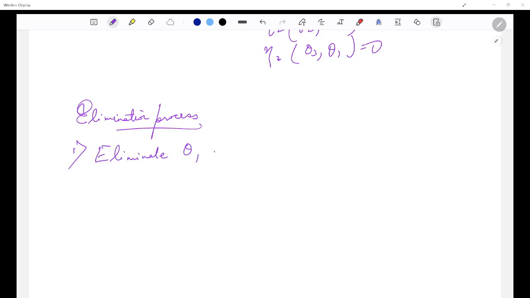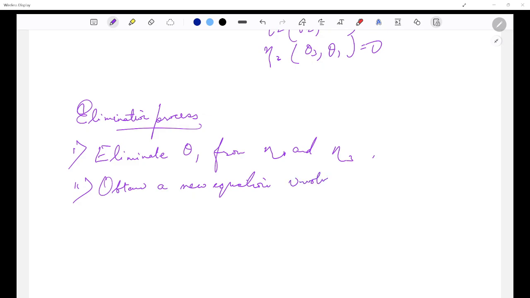Eliminate theta 1 from these two equations and then obtain a new equation involving theta 2 and theta 3.